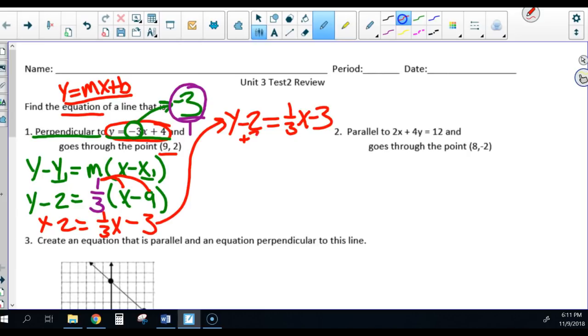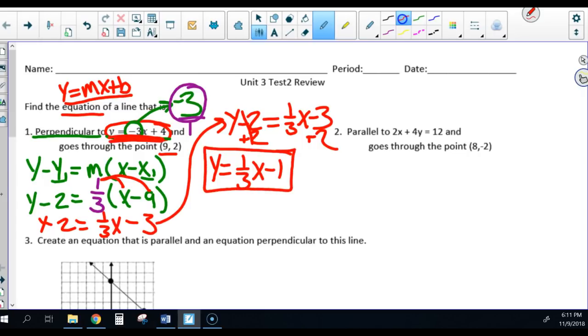Add 2 to both sides, and we have y equals 1/3 x minus 1. That line is perpendicular to negative 3x plus 4, and it will pass through (9, 2). There's number 1. Number 2, parallel to 2x plus 4y equals 12, and goes through (8, negative 2).